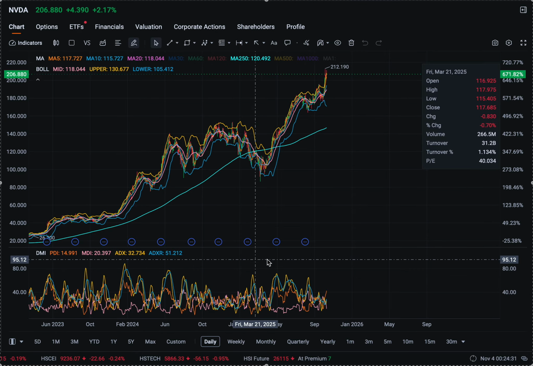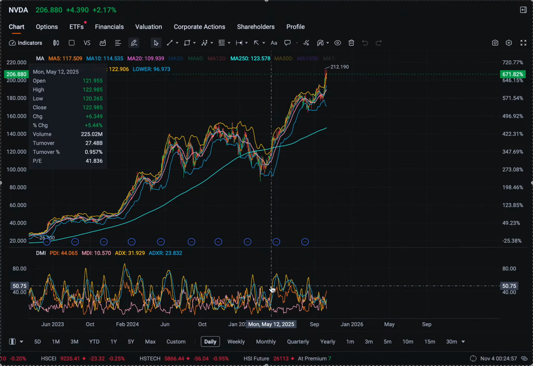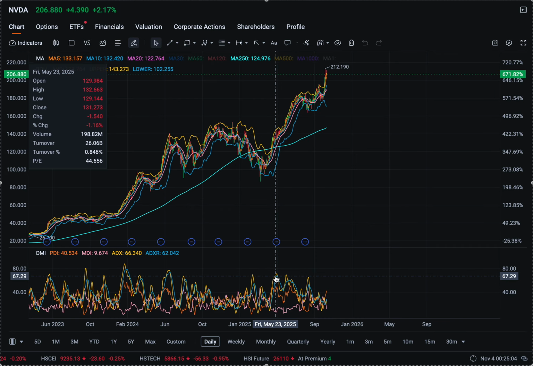For example, here the orange line, which is the bullish line, is above the pink line, which is the MDI. So it means that it's a bullish trend. Whenever the plus DI is above the minus DI, it enters a bullish trend. And we can see this yellow line, the ADX, which is measuring the strength of the trend, is also very high.